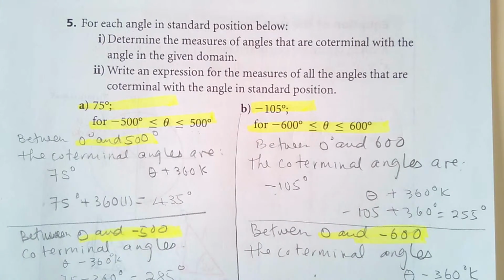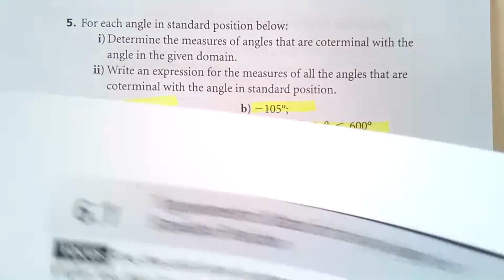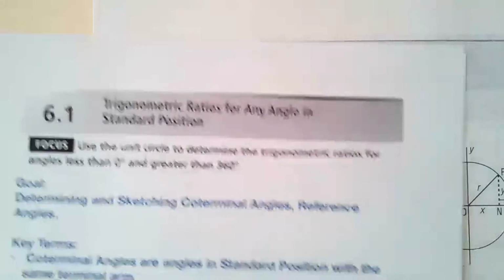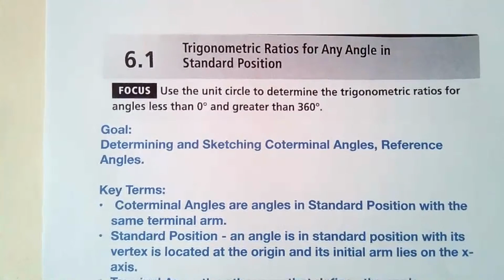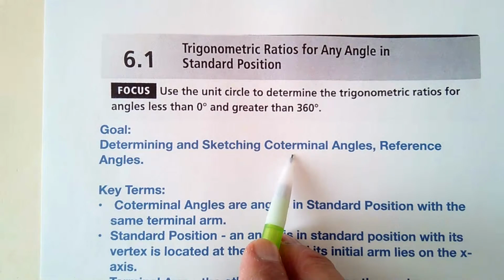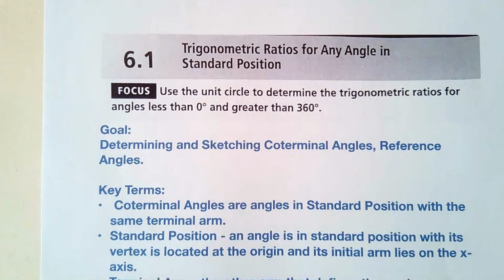In the next section we'll be looking at the 6 trig ratios for an angle. So that's the conclusion to the section on sketching coterminal angles, reference angles, and standard angles.